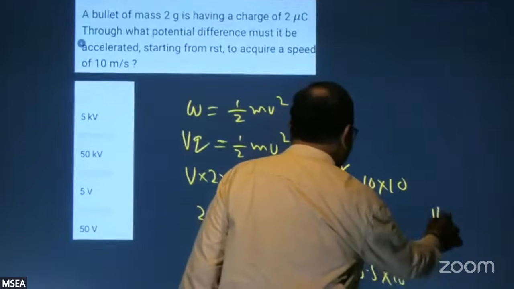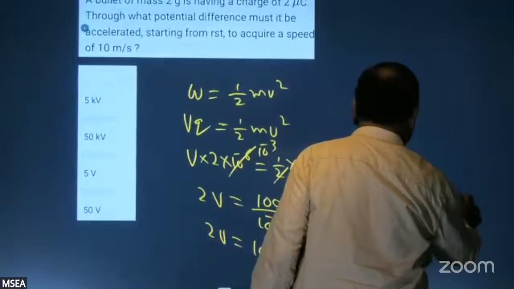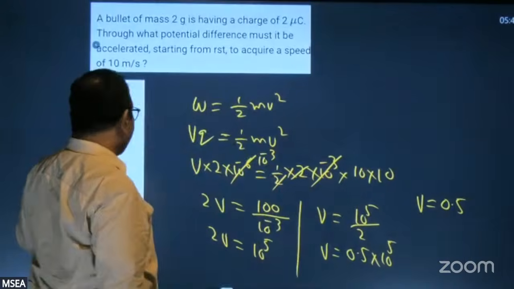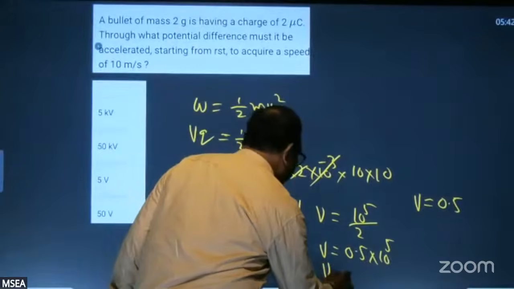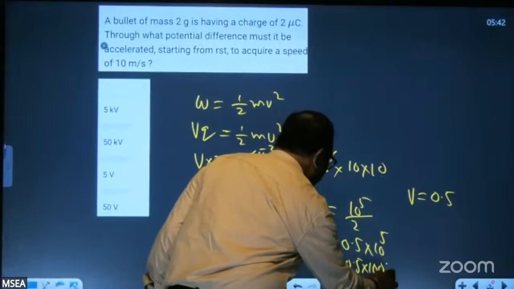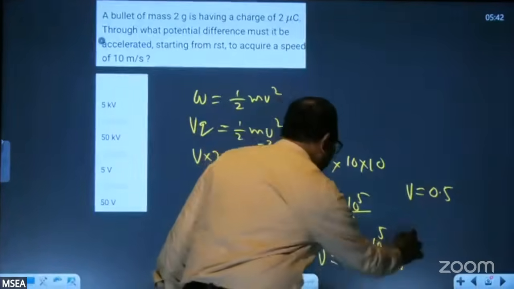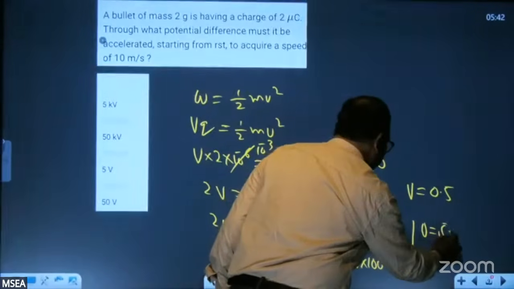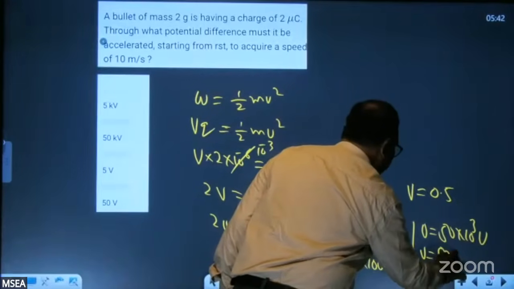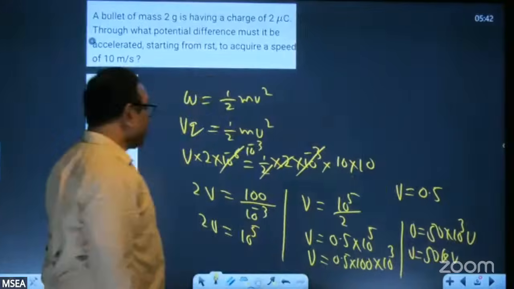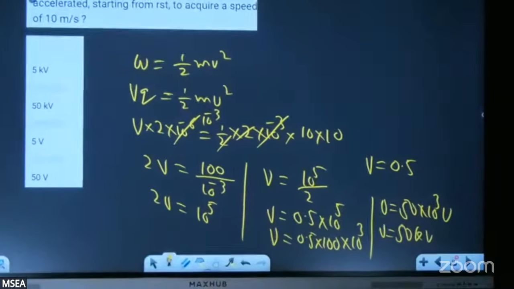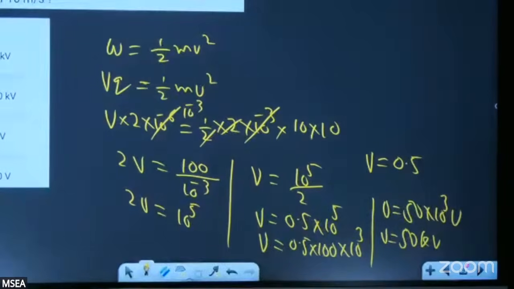If we take it in kilo, V is 0.5 into 100 into 10 power 3, which is equal to 50 into 10 power 3, which is 50 kilovolt. That should be the answer. Work done is equal to half mv square.